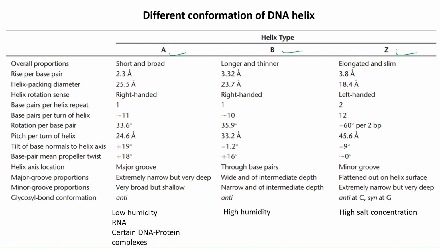Importantly, I want you to note that in case of A form, the glycosyl bond conformation is anti. For B also anti, but in case of Z, cytosine is anti and guanine is syn. Next, the Watson-Crick model of DNA we studied is the B form of DNA. A form is mainly found in RNA.